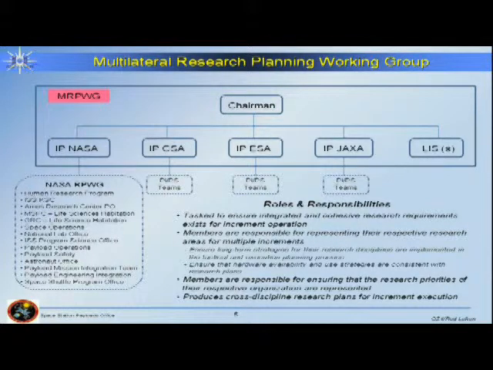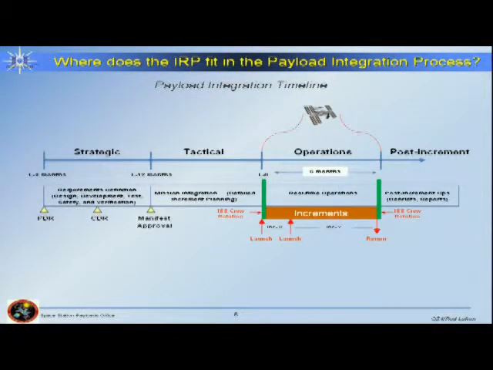Let's move on to the next chart. You'll probably see this chart, I think you've seen it at least once already, and you'll probably see it again a couple more times with the other folks coming in. But basically, this is the payload integration timeline, and I want to tell you where the IRP fits in. Can I have the next click, please?